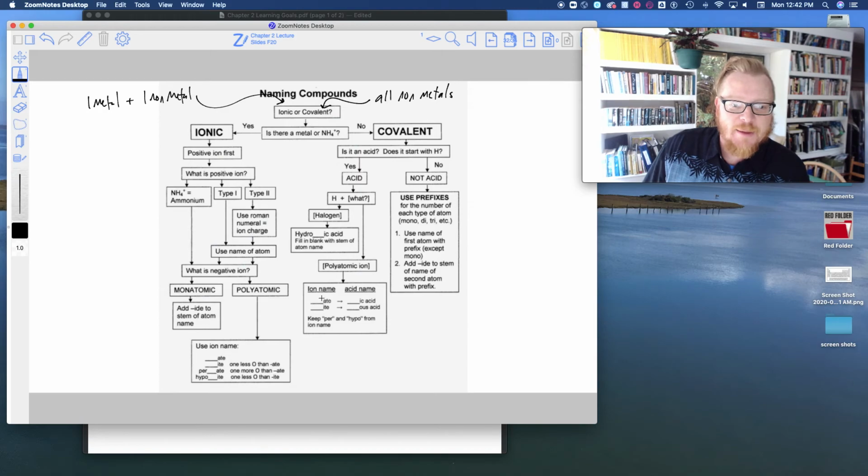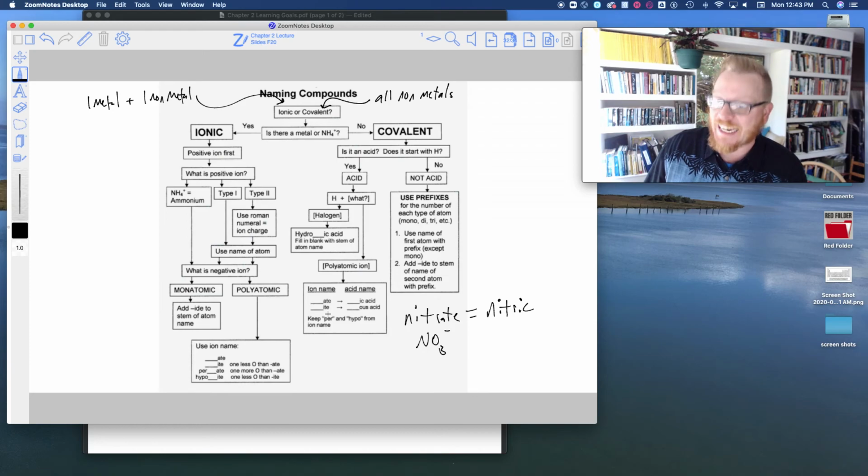If the ion name is ate, it becomes ic. So if it's nitrate, it becomes nitric acid. For example, nitrate, which is NO3 minus, becomes nitric acid. Or the other example I gave you, sulfate, SO4 2 minus on the previous slide, becomes sulfuric acid.